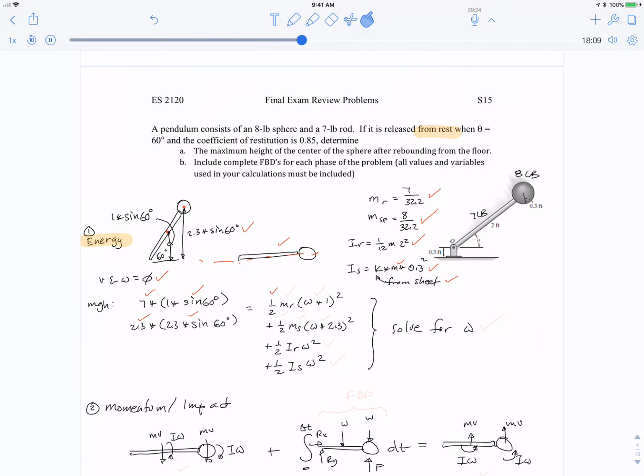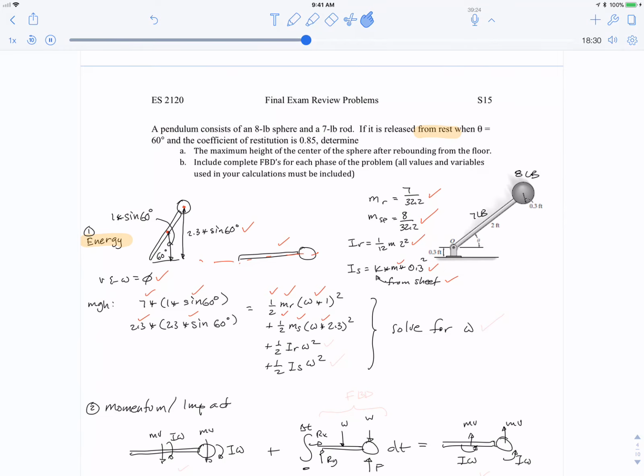So it's 1/2 the mass of the rod times the velocity of the rod, which is omega times 1, the distance from O to the center of mass of the rod. Plus 1/2 mass of the sphere times the velocity of the sphere, which is omega times 2.3, the distance from O to the center of the sphere.